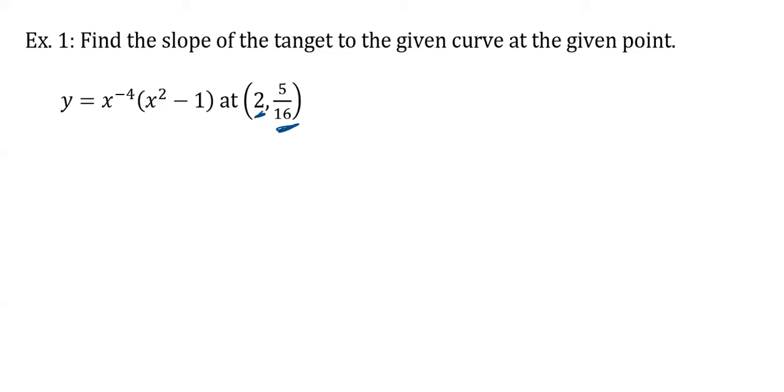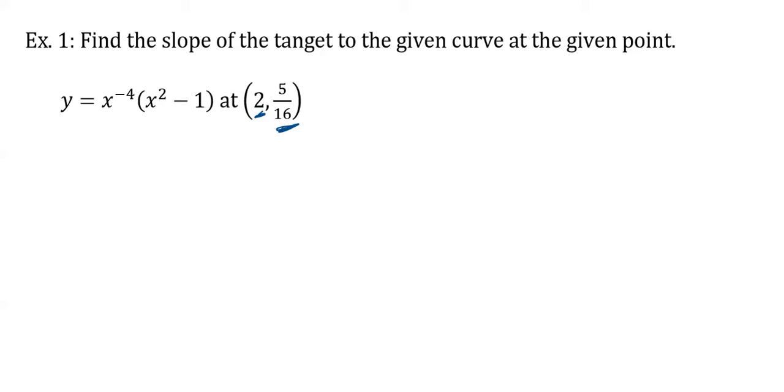A slope of a tangent is an instantaneous rate of change. But now we have a new way. We have this thing called the derivative, which is a simpler way of calculating the difference quotient, coming up with an expression for it, and then subbing in.